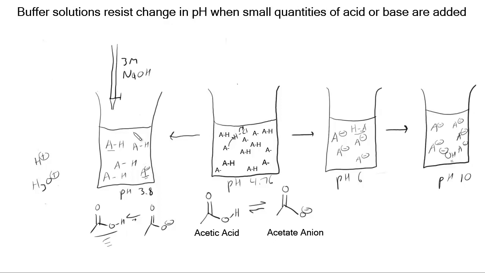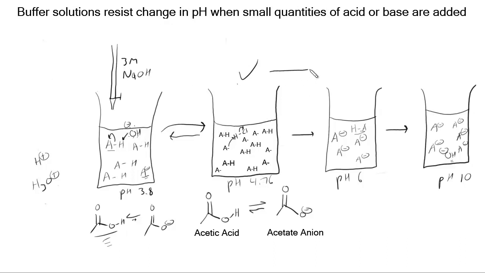So when we add our sodium hydroxide into solution, we have plenty of acid for our hydroxide anion to deprotonate. We're going to form, again, a higher concentration of our conjugate base as we keep adding our 3 molar sodium hydroxide, but we're eventually going to get back to an equal concentration of both, so back to our buffer solution.